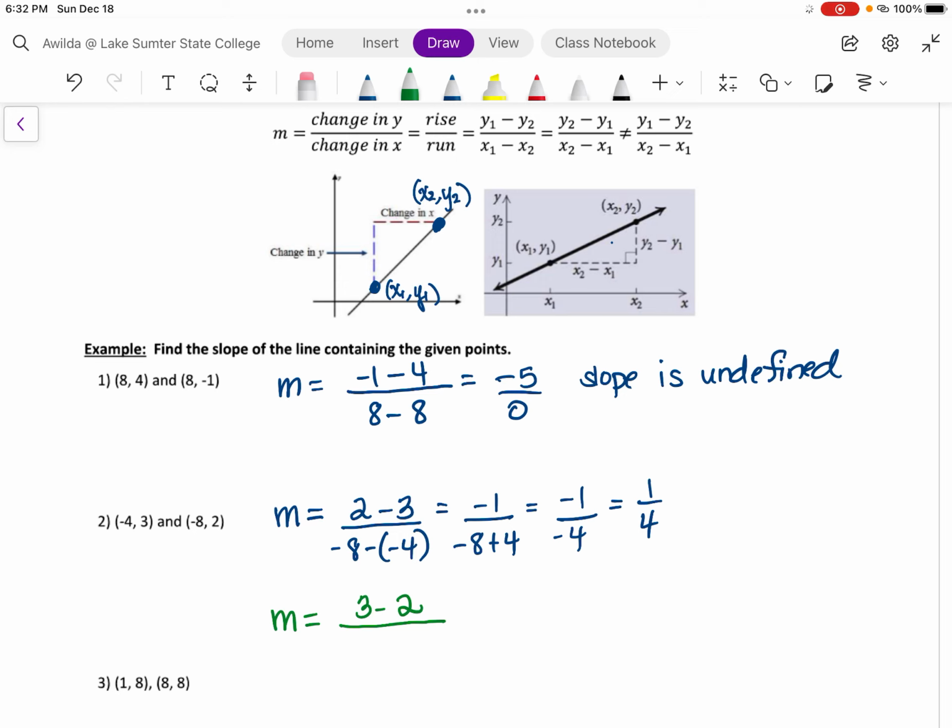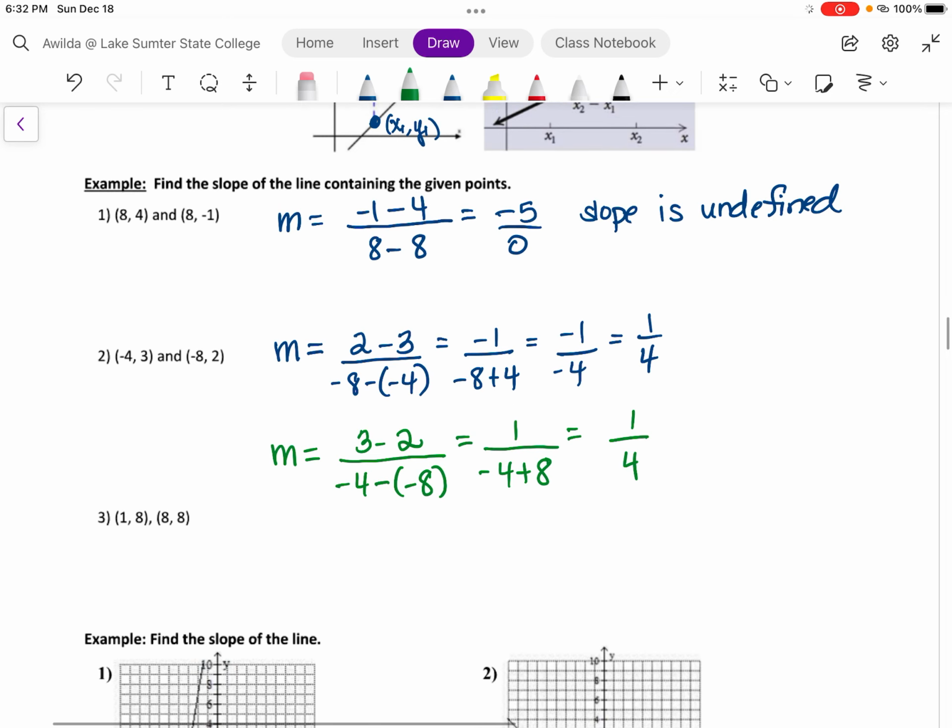In the denominator, we'll do -4 minus a -8. Now we get 1 as the numerator and -4 plus 8 as the denominator. So we get 1 over 4, which matches exactly the same slope as we got previously, but we just interchanged which one was the first point and which one was the second point.